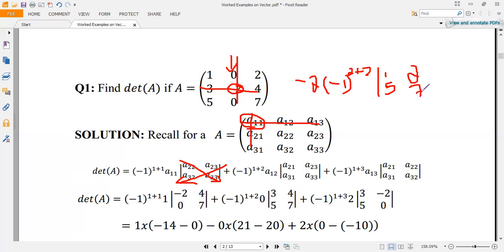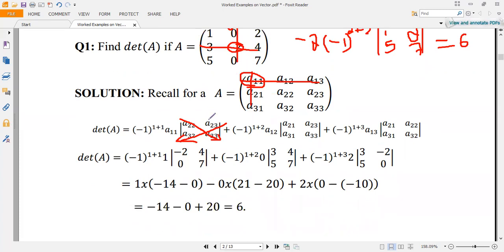The determinant of this is 1 times 7, which is 7, minus 5 times 2, which is 10. 7 minus 10 is minus 3, times minus 2 is 6. Using the second column, we got the value of the determinant as 6.